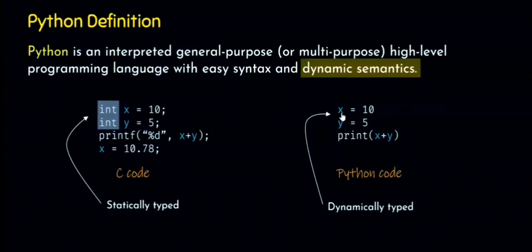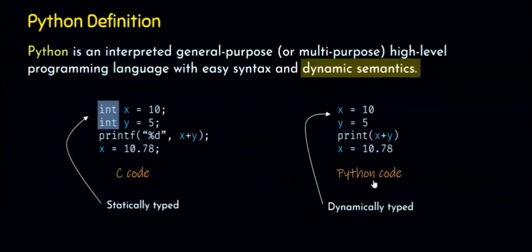Right now, x is holding an integer value, but it does not mean that this variable can only hold integer values. Later in our code, we can assign a floating point value to this variable. It is completely fine. So in Python, variables are dynamic objects. And this is the meaning of dynamic semantics.